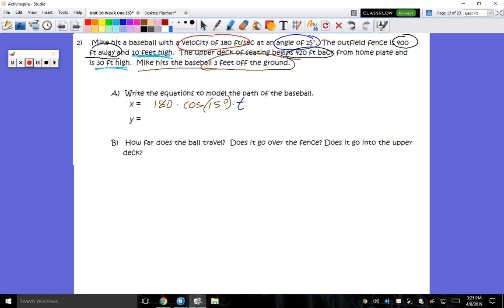Okay? Let's do the y. What would that be? 180 times the sine of 15 degrees times t minus 16t squared. Plus 3. Nice. Put that in your notes if you need to. This is your starting height.